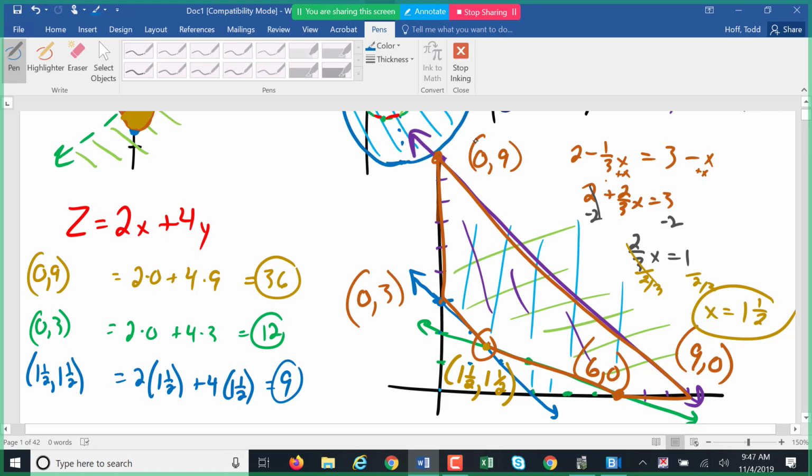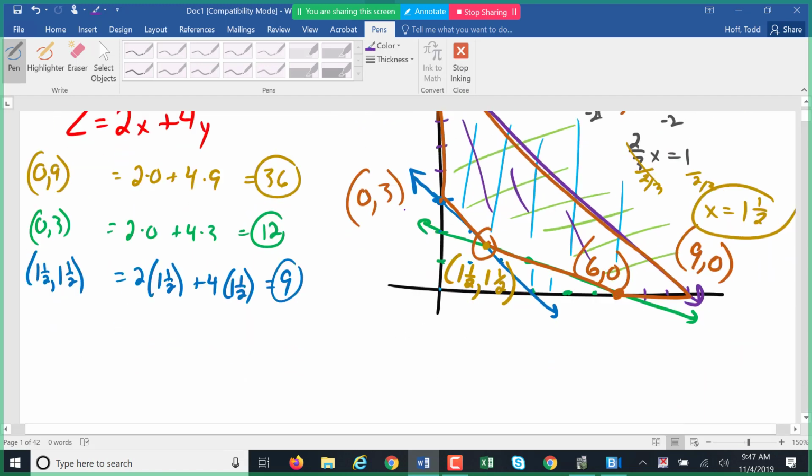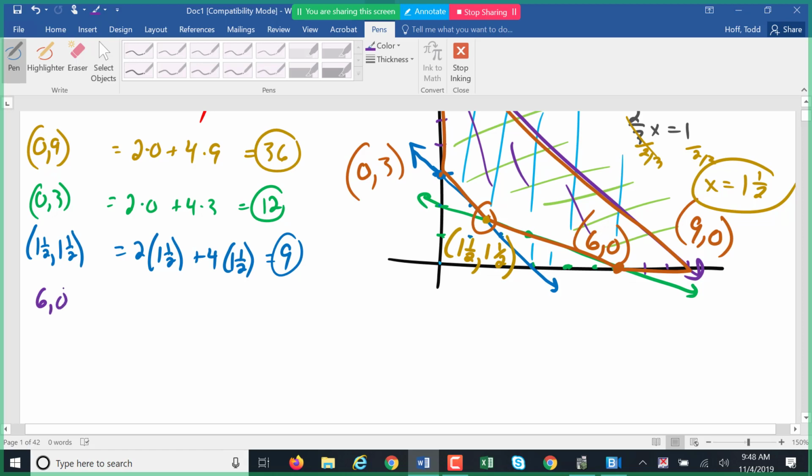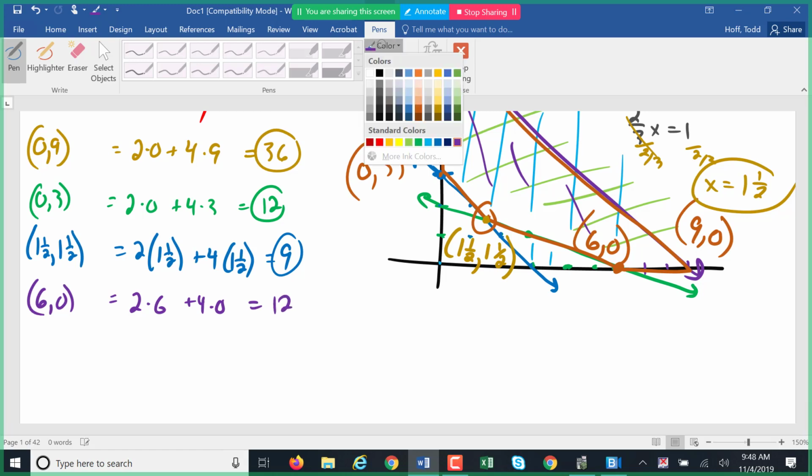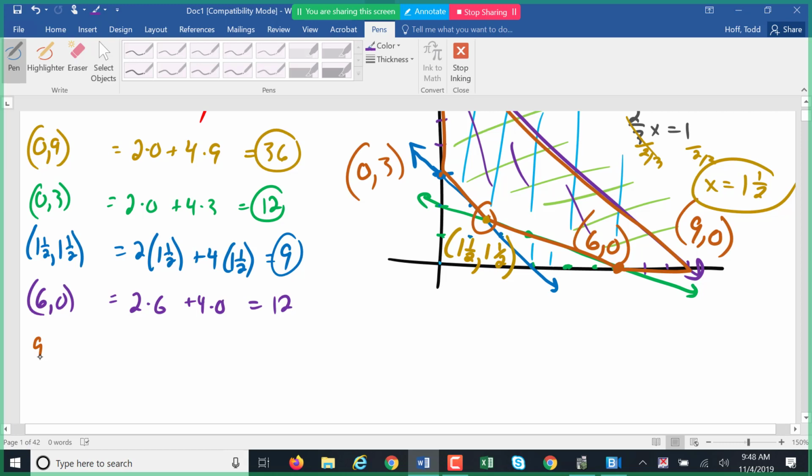Let's test 6, 0. So 2 times 6 plus 4 times 0 is 12. And finally, let's test 9, 0. So 2 times 9 plus 4 times 0 is 18.